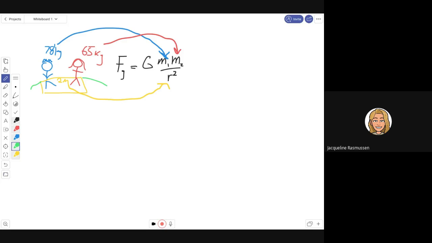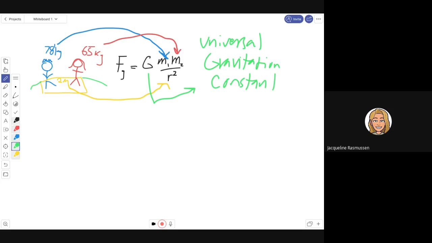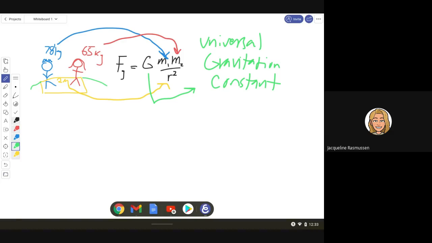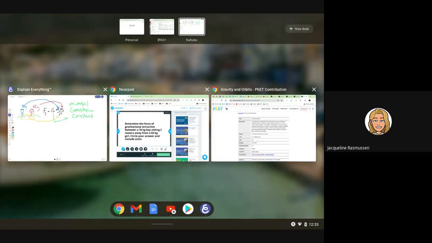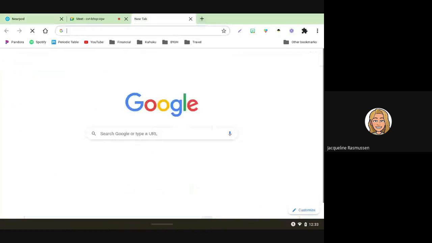G is always the same number, and it is called the universal gravitation constant. If you can't remember the number, you don't need to memorize it. You can always just Google it, which is what I do because I can never remember things like that.